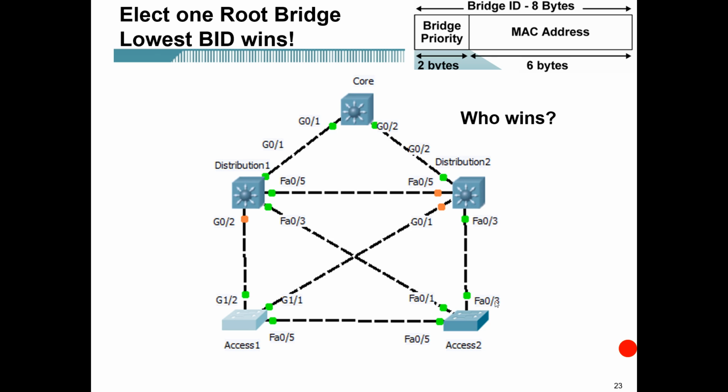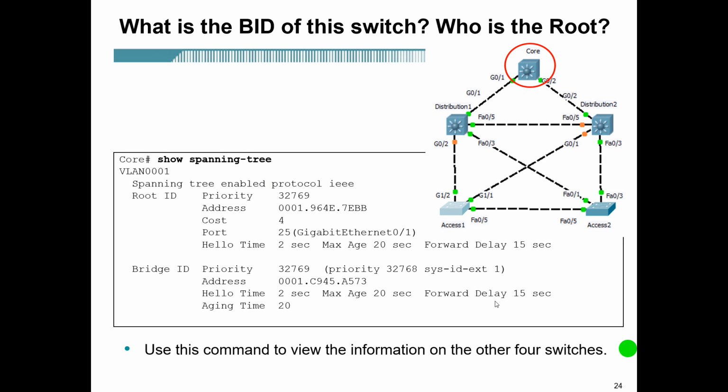So who wins? Our core, which we've already looked at, shows a MAC address for our bridge ID as 0001C945A573. However, the root ID is a different MAC address.